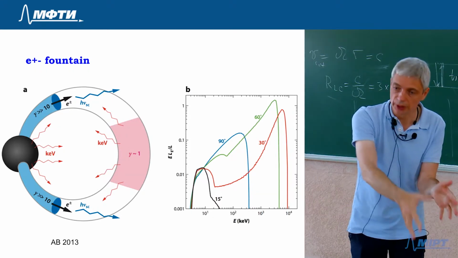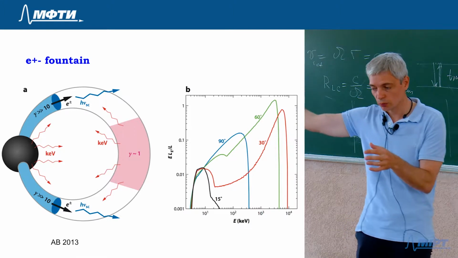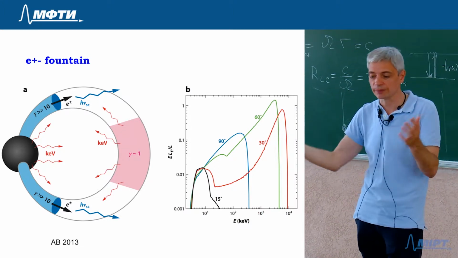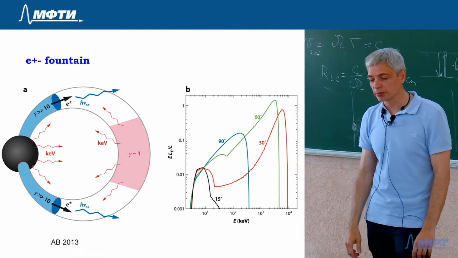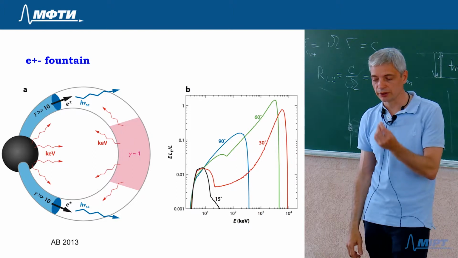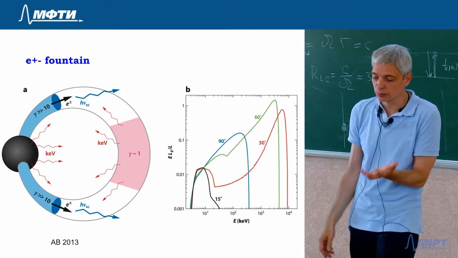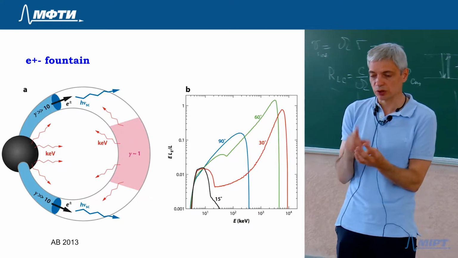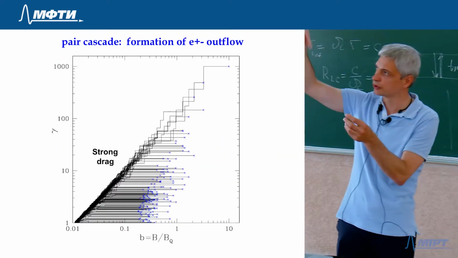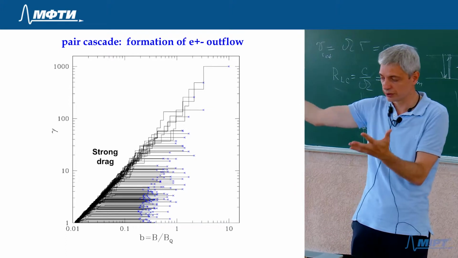Some of them convert to pairs, but those produced in weaker magnetic fields some distance away from the star actually escape. And so they produce non-thermal X-rays that we should observe. That would be the emission from this electron-positron fountain. This emission is produced by particles with well-defined Lorentz factor. So this flow has gamma as a well-defined function of B.